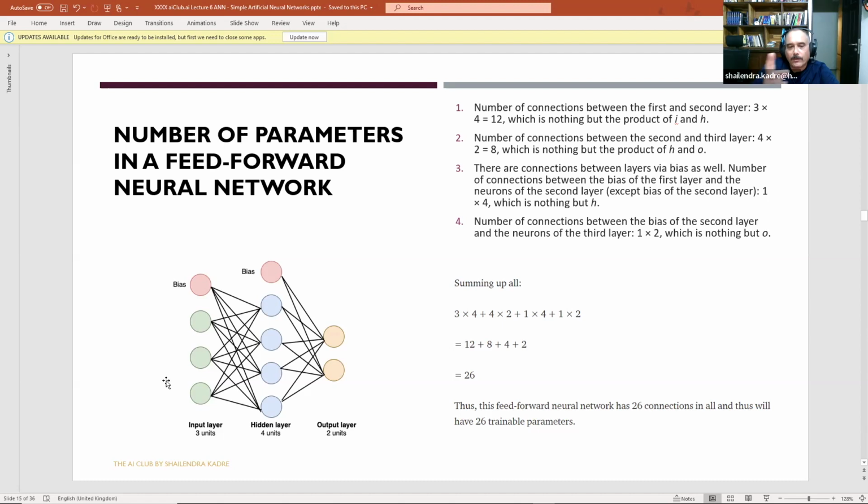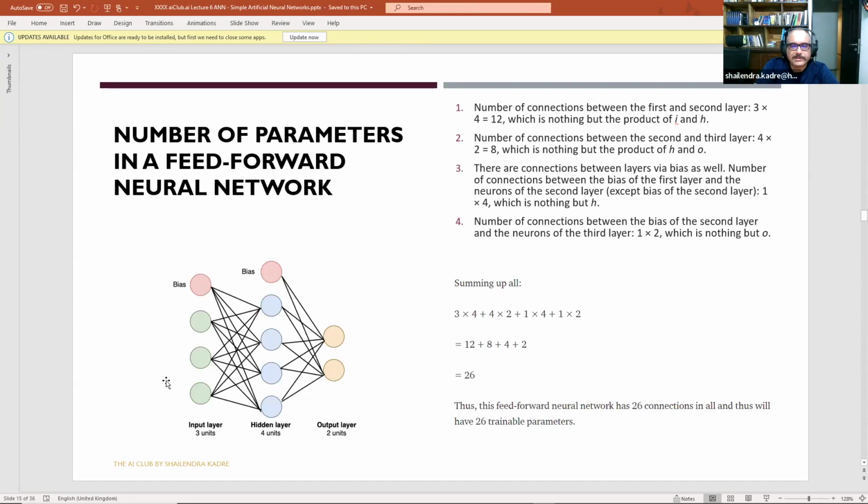Now, how many total biases will there be in this network? In the input layer, we don't put any bias; the input layer only has inputs. Just have a close look, everything is given in the figure.